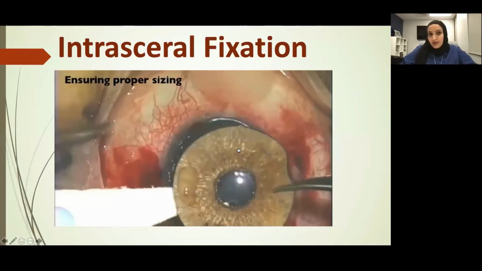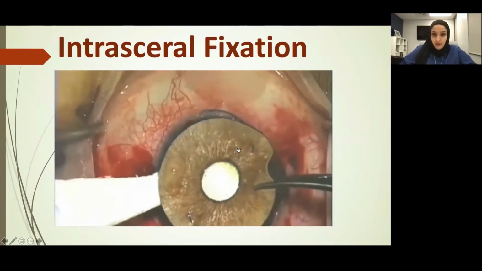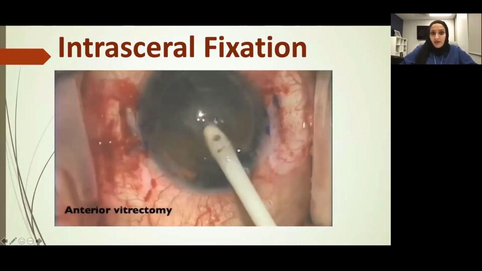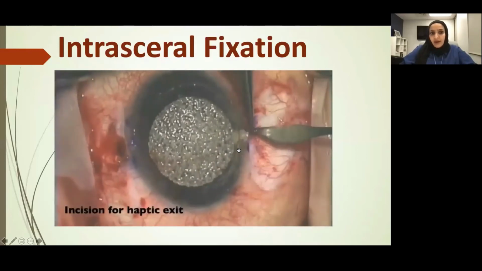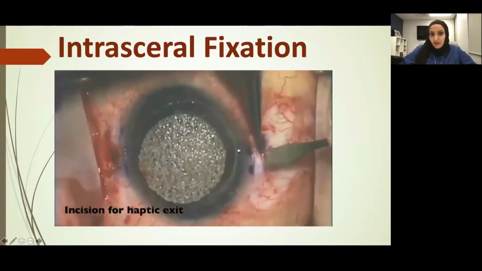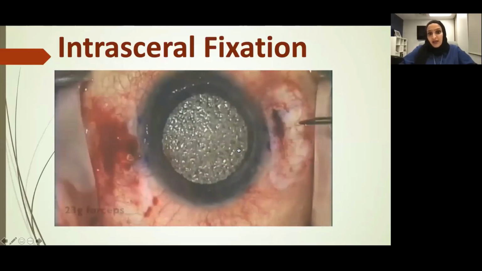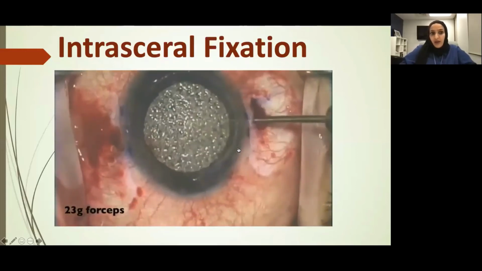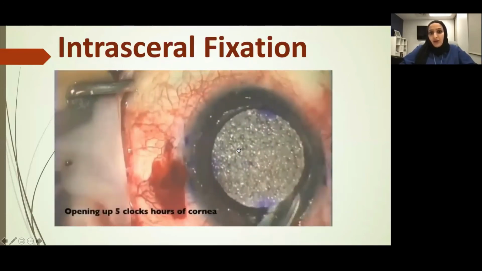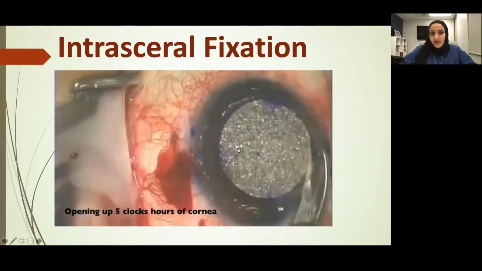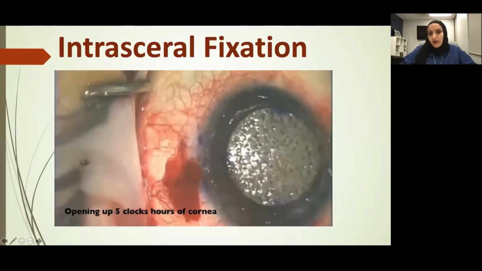Ensuring the proper sizing, which was done even before trephination, anterior vitrectomy. And then here an incision is created for the haptic exits on both sides, 180 degrees apart. This is a 23 gauge forceps. And then now creating an opening of approximately 5 clock hours of the cornea.